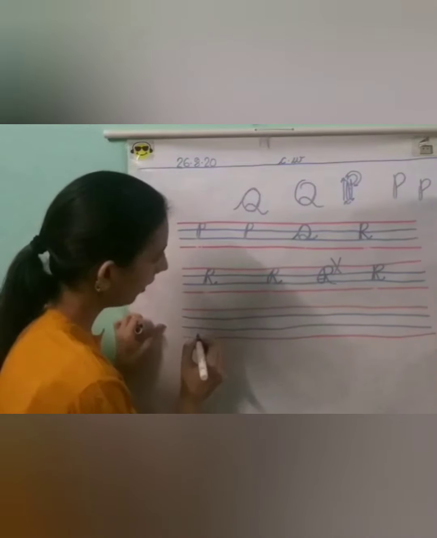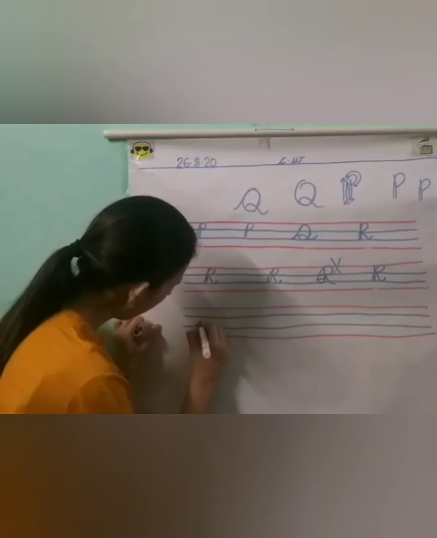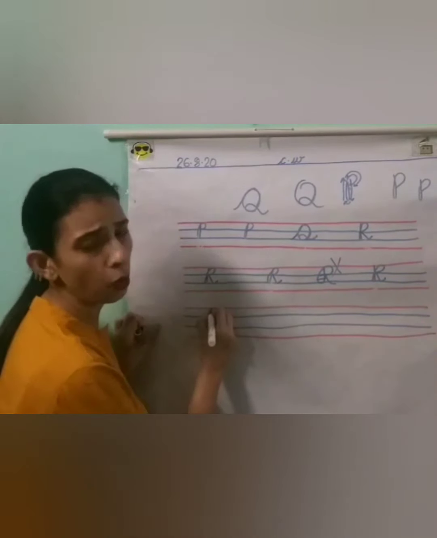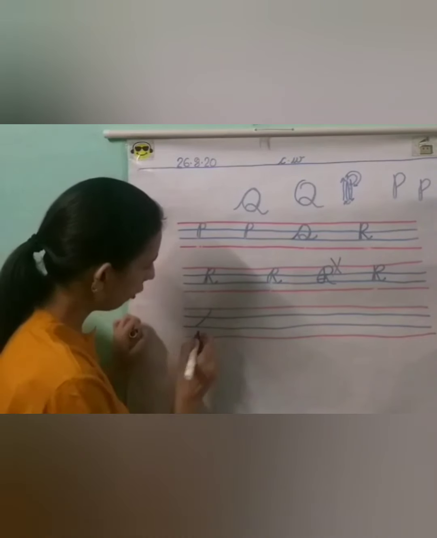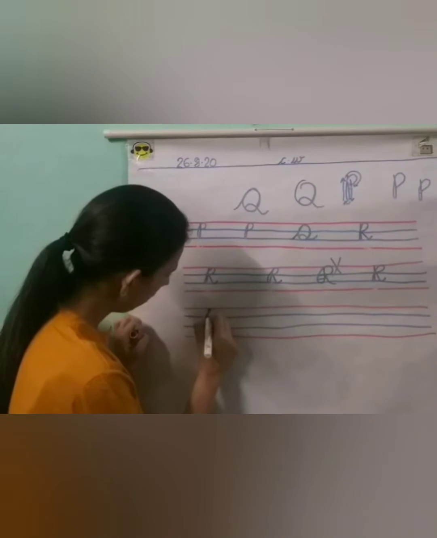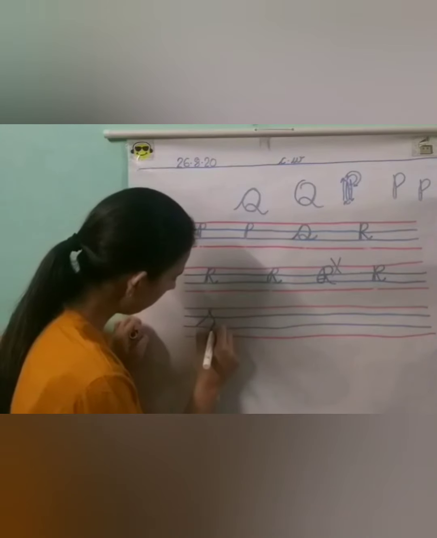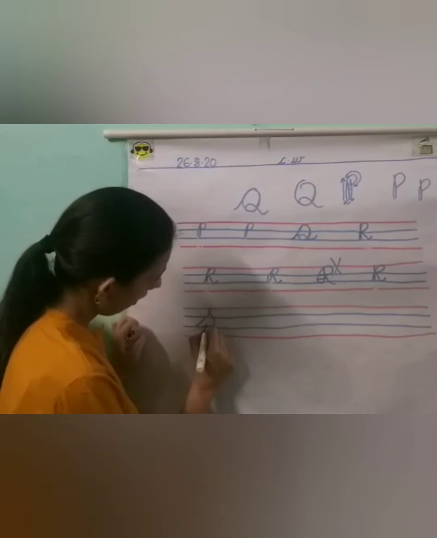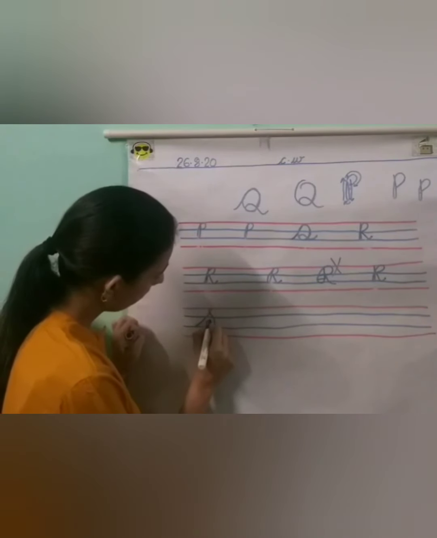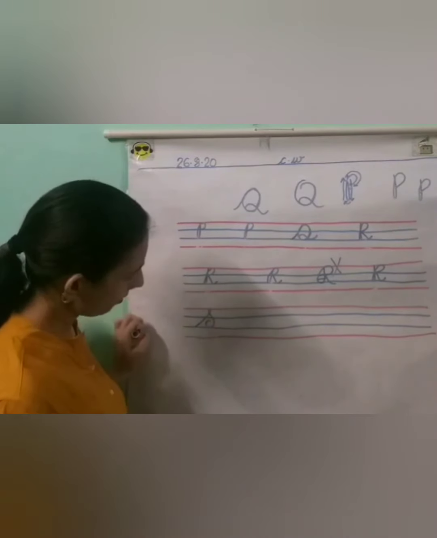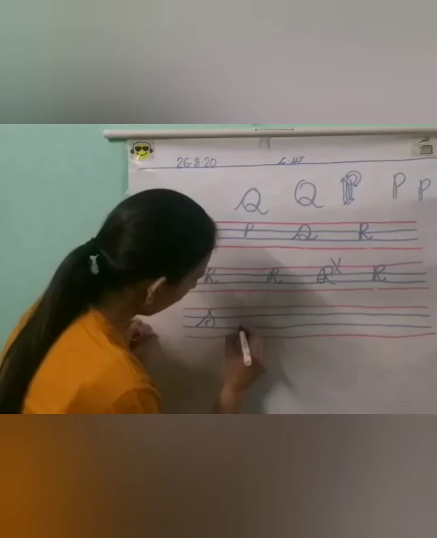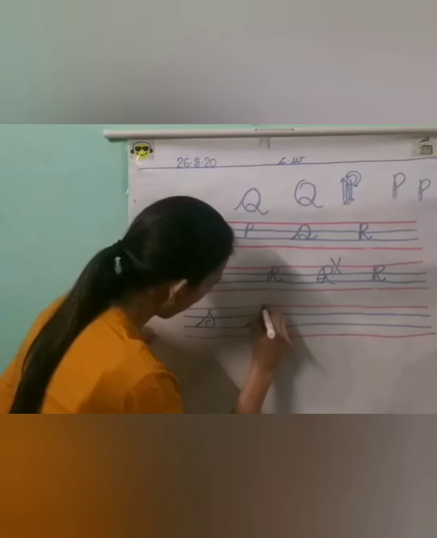So how will we write S? See, it's like a small S. A slant line, go up. Now a little curve, come down. Make an S. This is S. Okay. Now one more time. A slant line will go up. Curve.